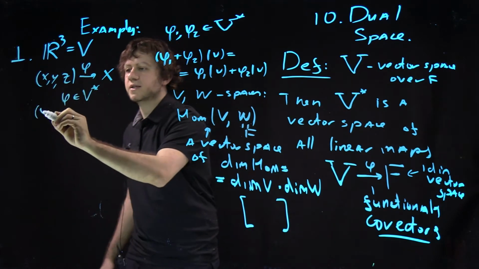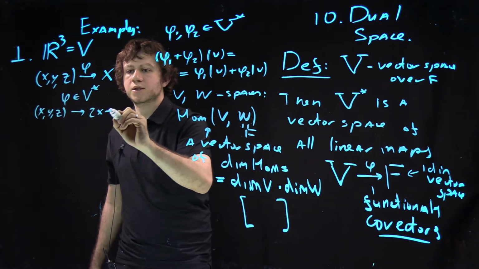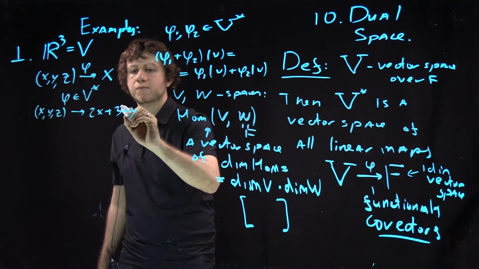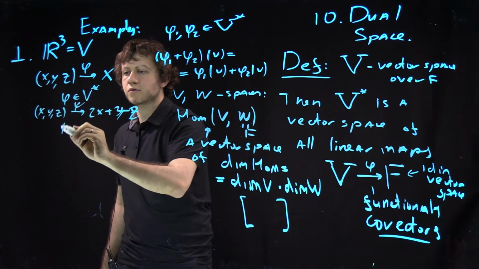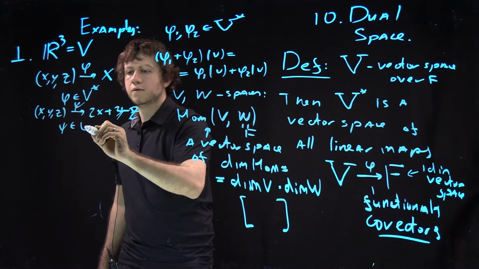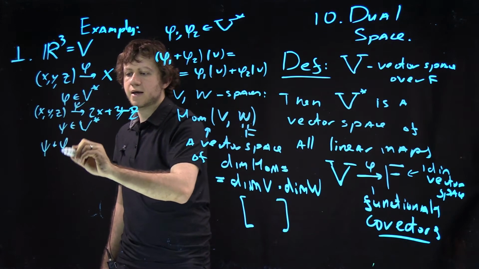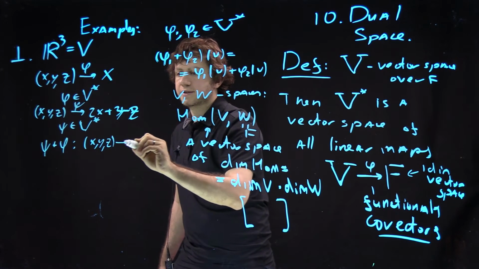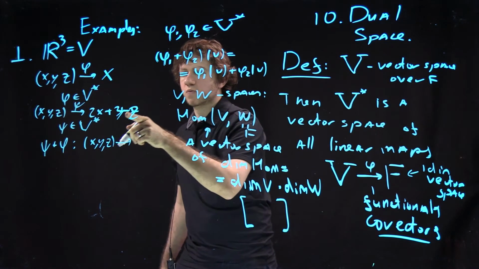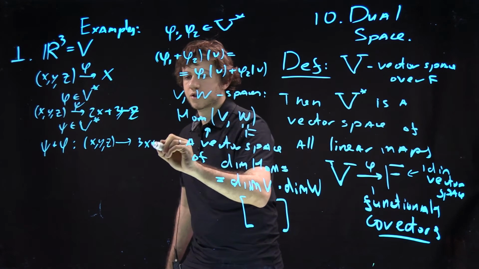Or say x, y, z goes to 2x plus y, 3y minus z, and that's psi. This is also in V dual. And for instance, if you want to add psi and phi, this will be a map which takes x, y, z and sends it to 2x plus y, 3y minus z plus x, which will be 3x plus 3y minus z.